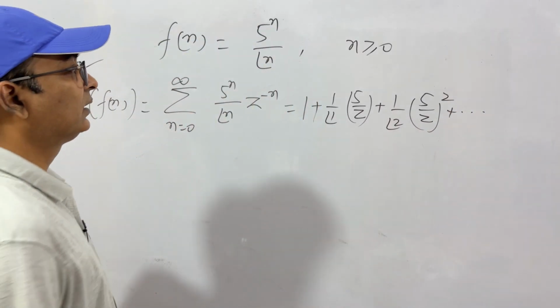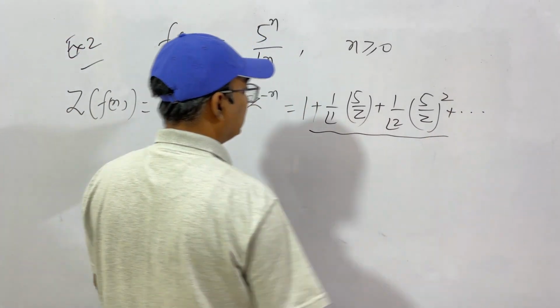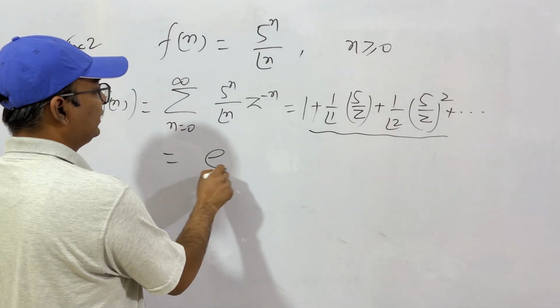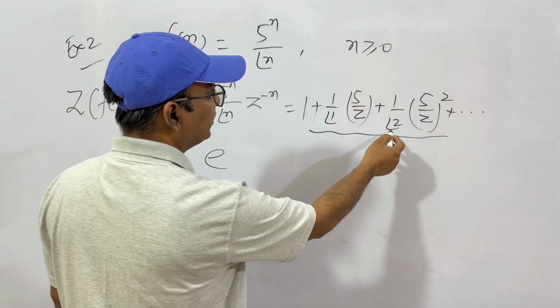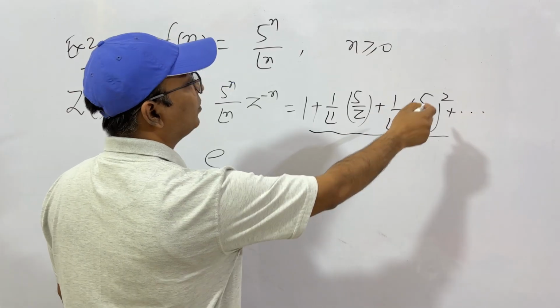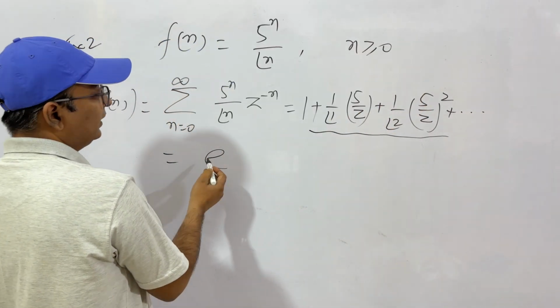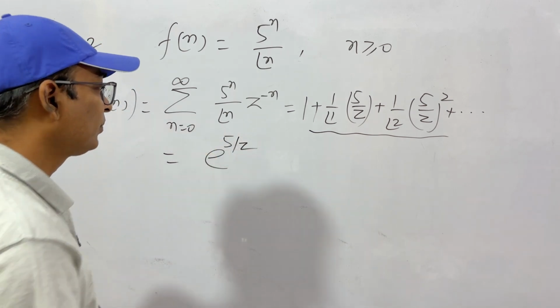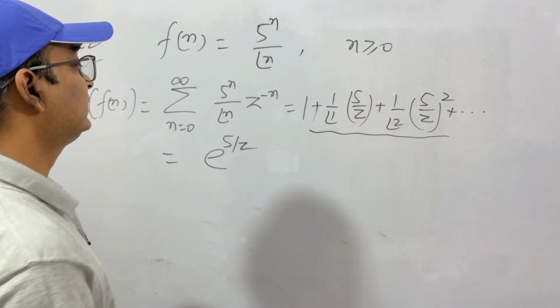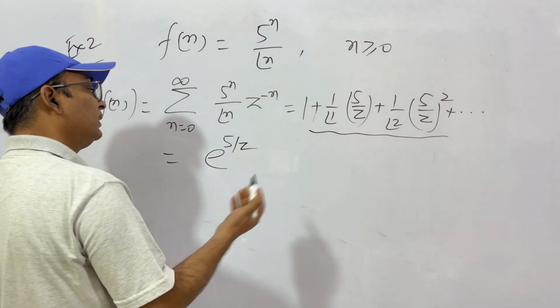If you remember, this is an infinite series which is given as e to the power theta: 1 plus theta by factorial 1 plus theta square by factorial 2 plus theta cube by factorial 3, that is e to the power theta, and theta here is 5 by z. What will be the region of convergence? You can have z from minus infinity to infinity.